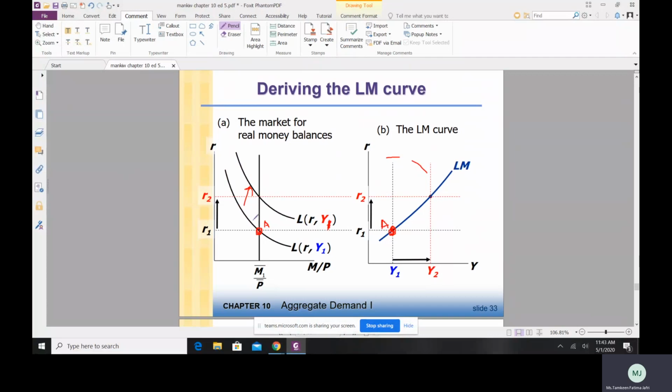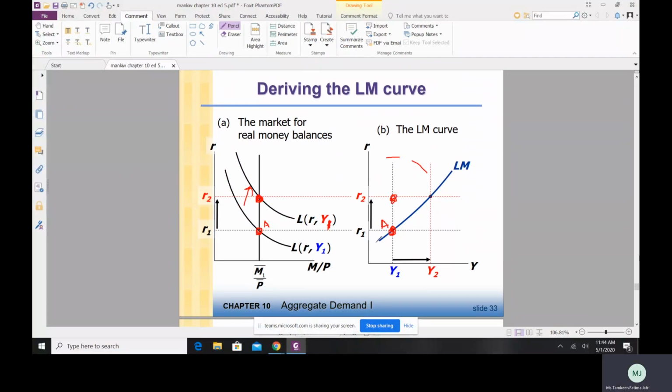As a result, you want to hold on to more money, and the entire money demand function is going to shift up. Now you can see that the interest rate increases to R2. So how will I translate this point onto panel B? You can see that at the same Y1, the interest rate increases to R2.